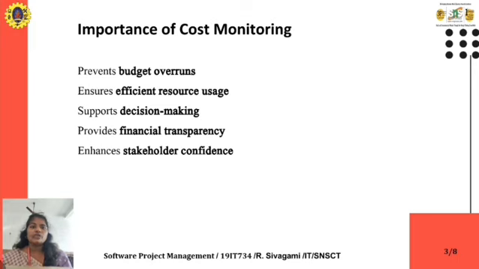And it enhances the stakeholders' confidence. If our project goes with monitoring using our estimated cost, it gives more confidence to the stakeholders.